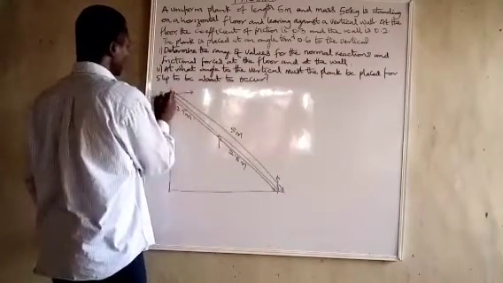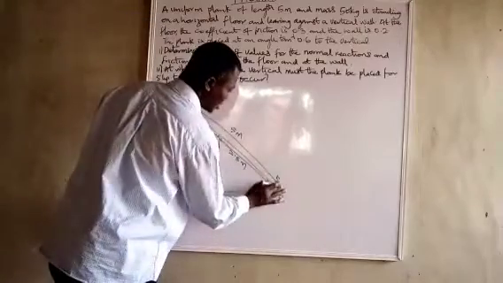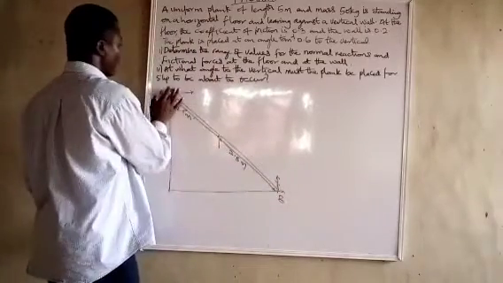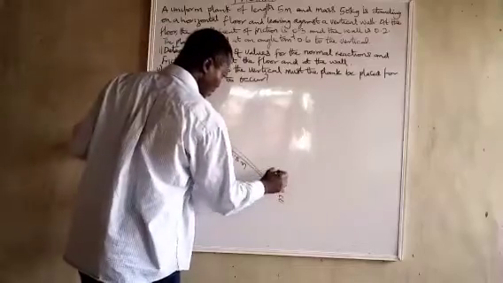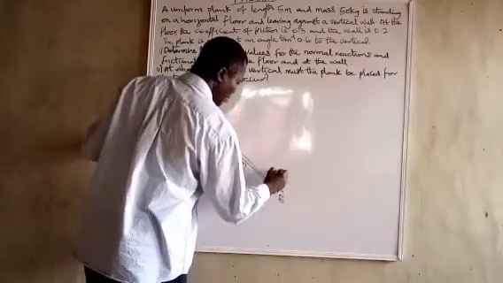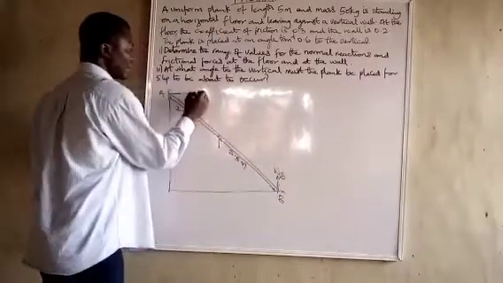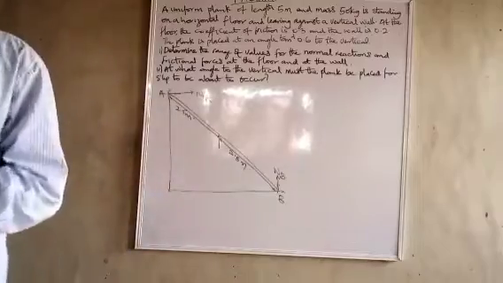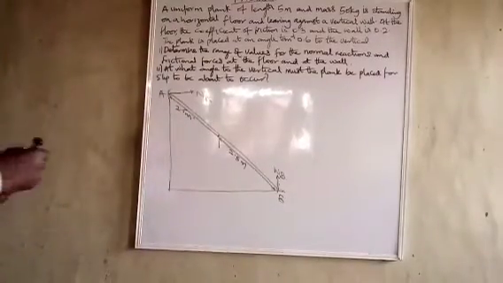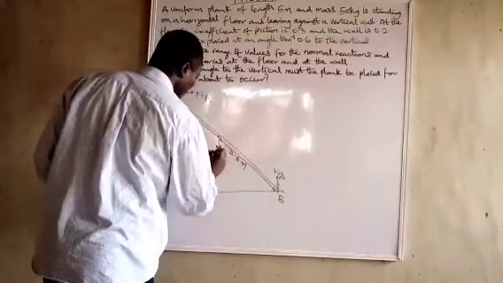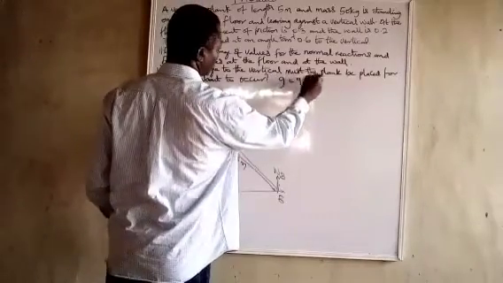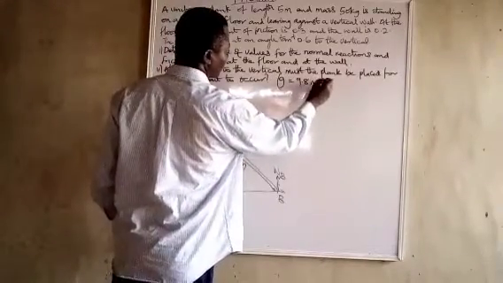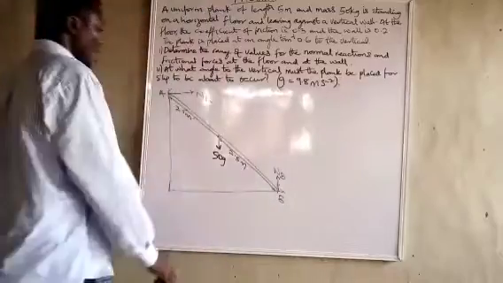So let's call this place A, and this place B. Let's call this normal reaction here NB, and normal reaction here NA. Now, we have this is 50g, where g is 9.8 meters per second squared.